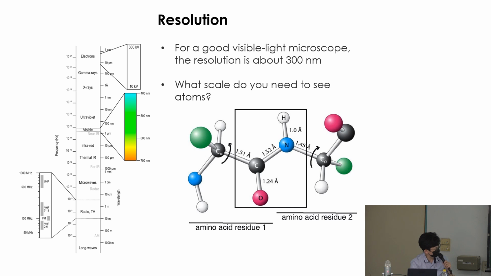You can see here, the peptide bond is 1.3 angstrom. So pretty much all the chemical bonds are the same, about 1 to 2 angstrom for a covalent bond. So what wavelength do you need? Twice, about 3 angstrom wavelength, in order to see the atom or chemical peptide bond.